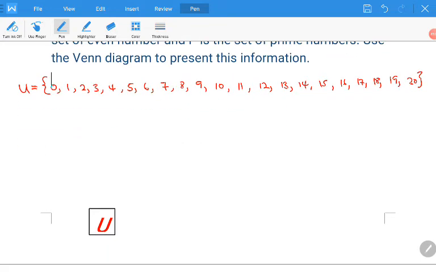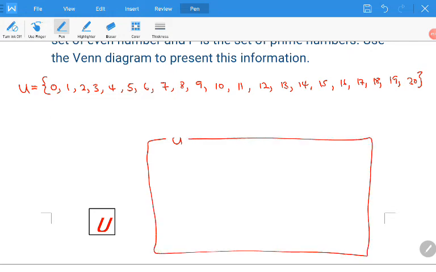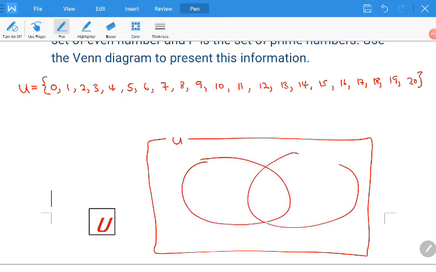So we want to do this one quickly. So U is the universal set. And we have this set. So these are even numbers, and here we have prime numbers.